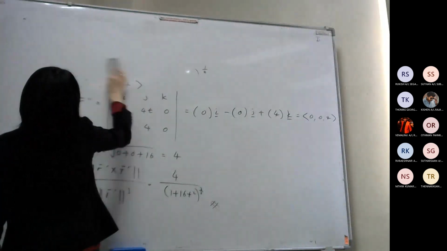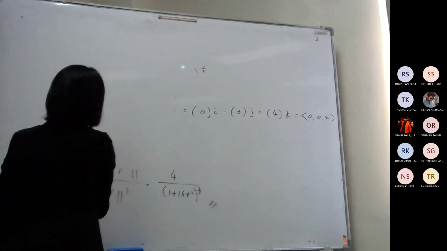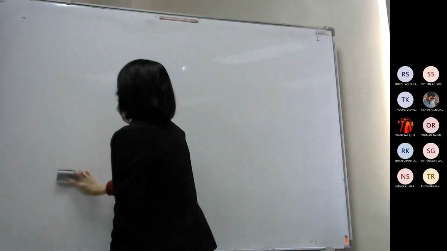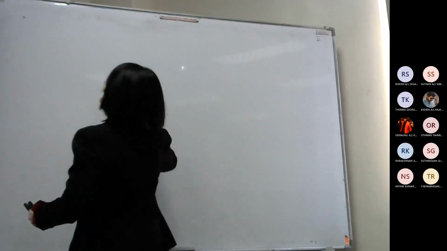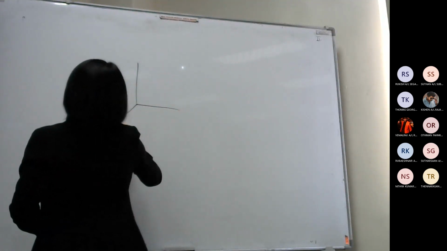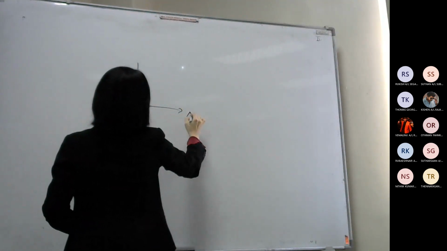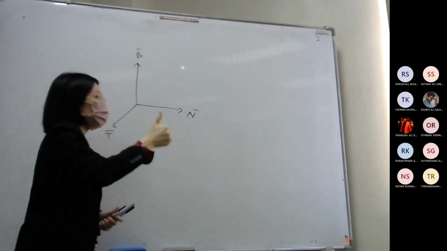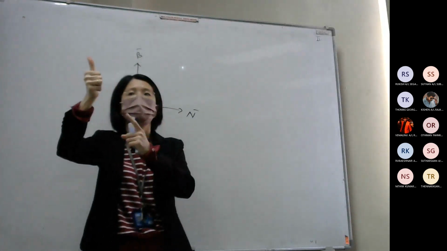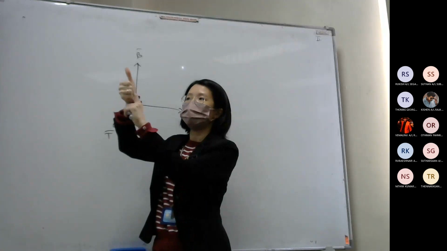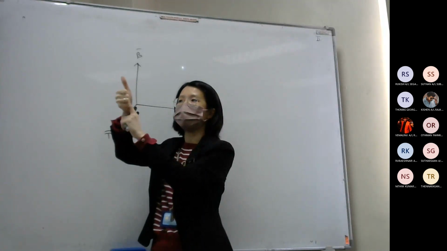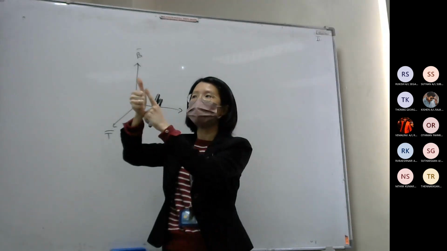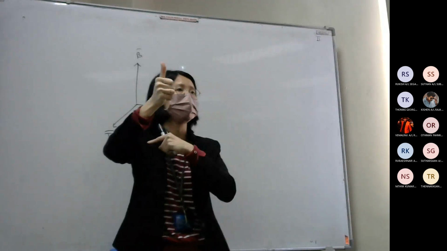Right-hand thumb rule, that means you have to use your right hand. All these fingers point in this direction, and then you get upward.